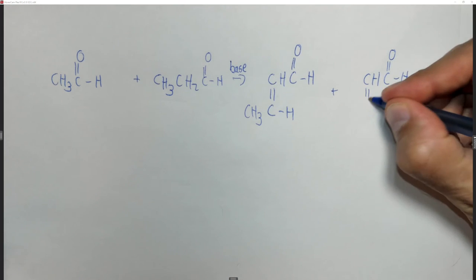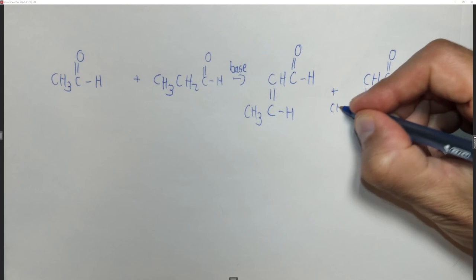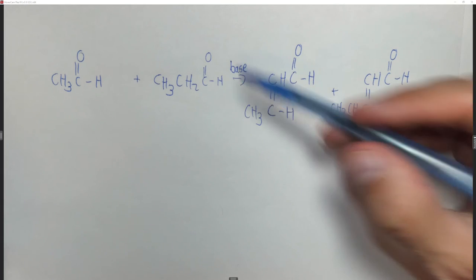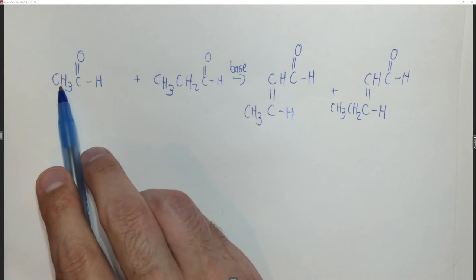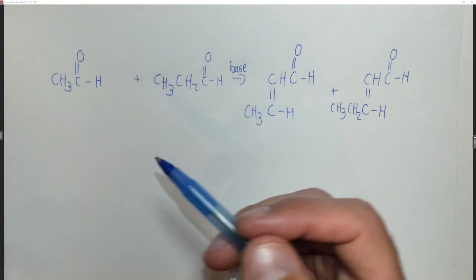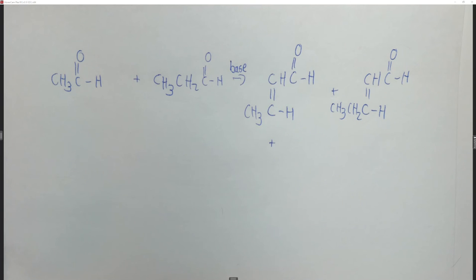So we get a double bond to a C, bonded to an H, bonded to a CH3, CH2. Again, notice we've lost the C double bond O, and it essentially gets double bonded to the other molecule that lost its originally 1 proton from the alpha carbon, but ultimately it loses both because in the dehydration, we lose the second one.